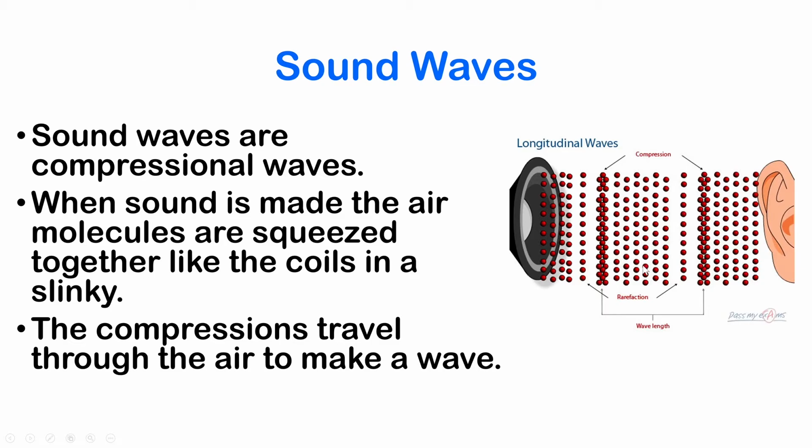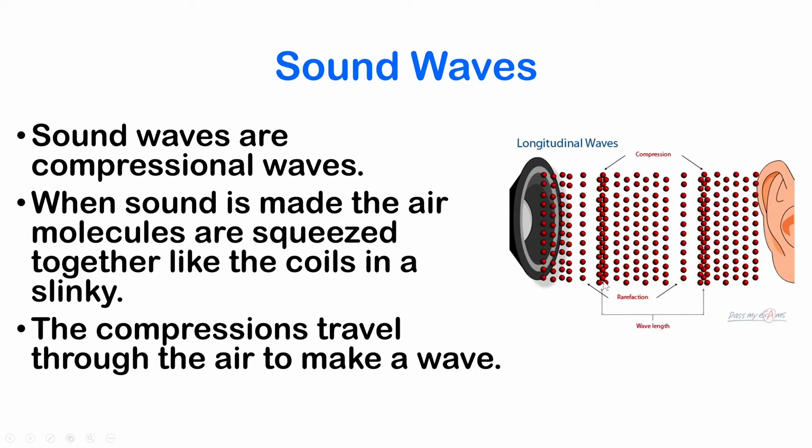And then there's this place right here where these particles in the air are further apart than anywhere else. Now it's kind of small here, but that is called a rarefaction. A rarefaction is where it's stretched out, and we can see it right here.